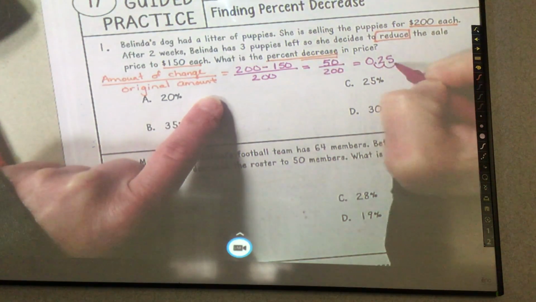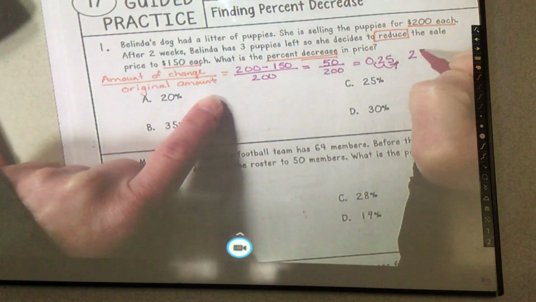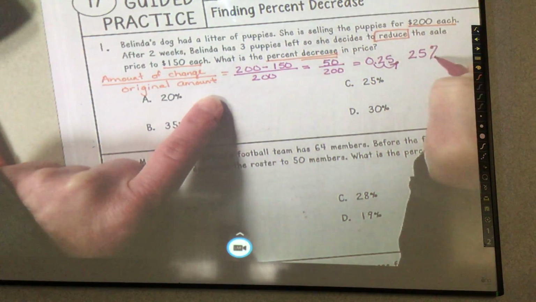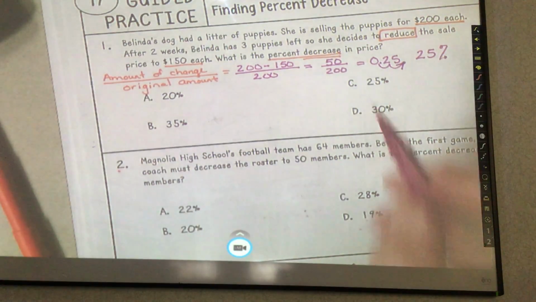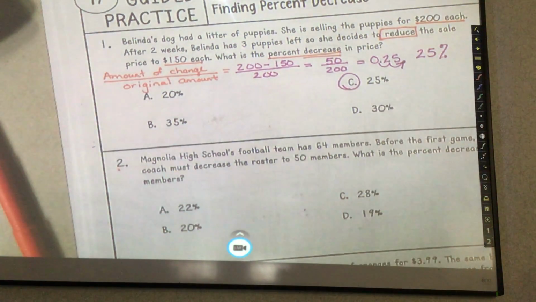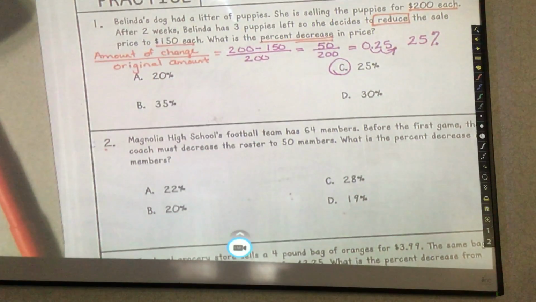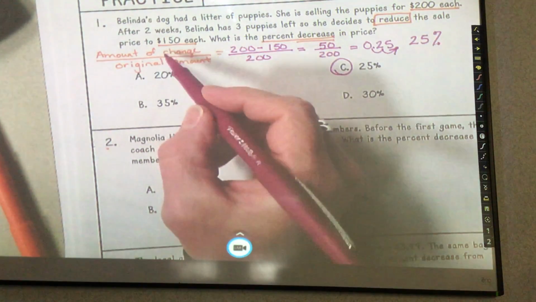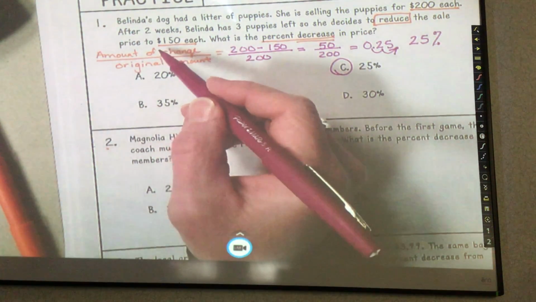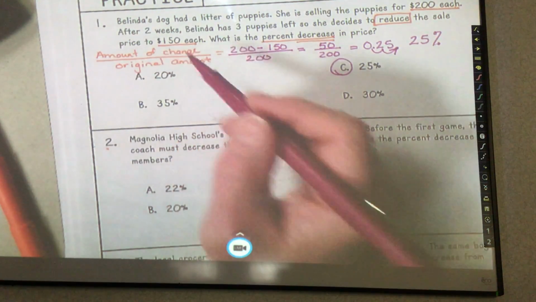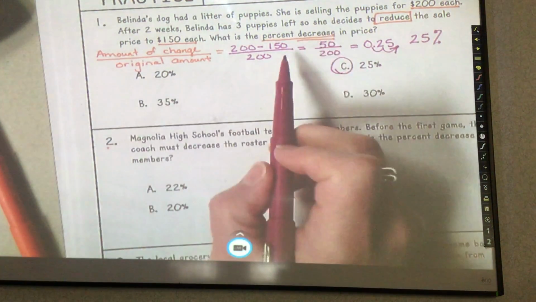Then we move the decimal place to the right and it is 25%. You do not need to rewrite the formula, but you do need to try number 2, showing the other 2 steps.